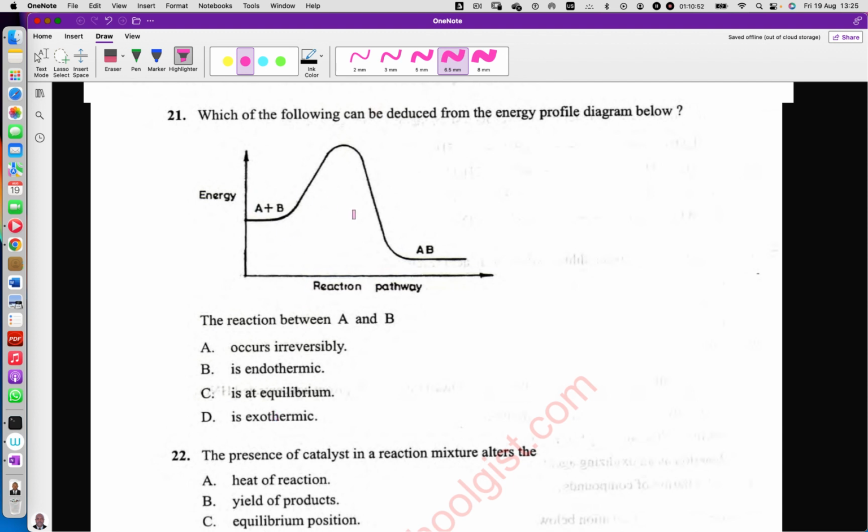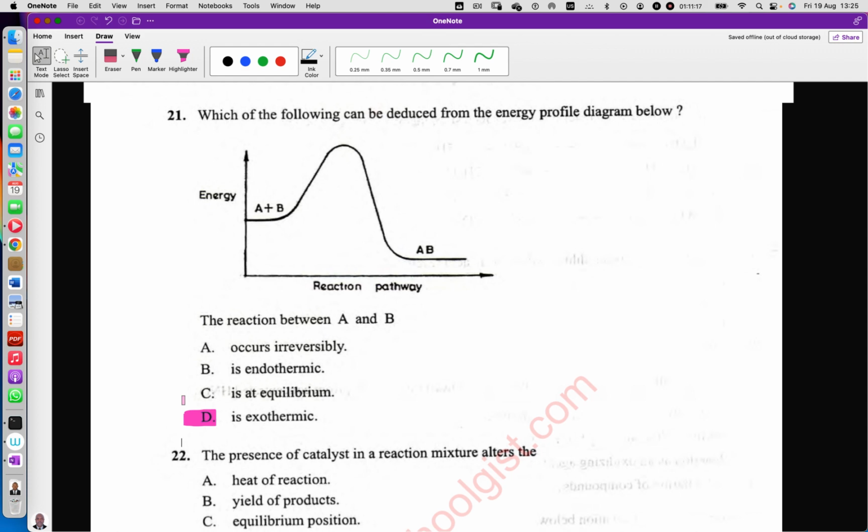I told you that the energy level for AB, the product, is less than that for the reactant. For that reason, it is an exothermic reaction. So question number 21, the answer is D.